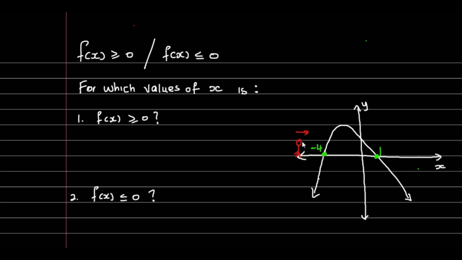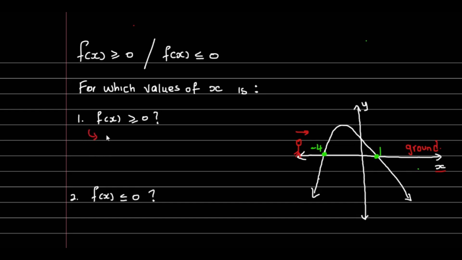If you walk along the x-axis and they ask you where is f of x greater than 0, it's like saying from where to where is the graph above the ground. So greater or equal to 0. The x-axis, you have to consider that as your ground. And the question is asking from where to where is the graph above the ground.